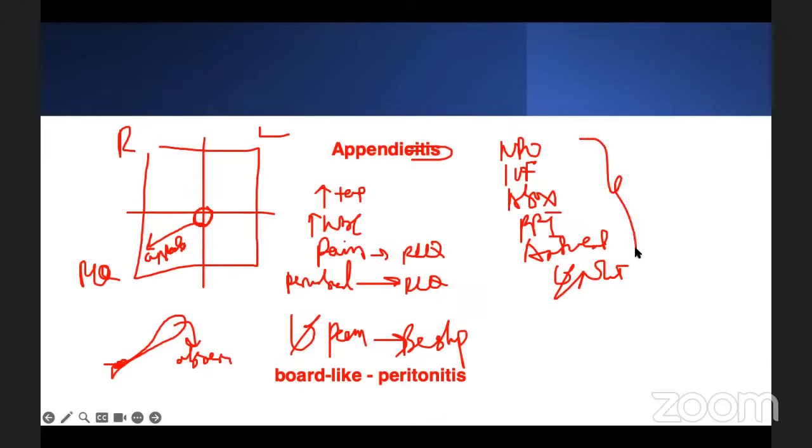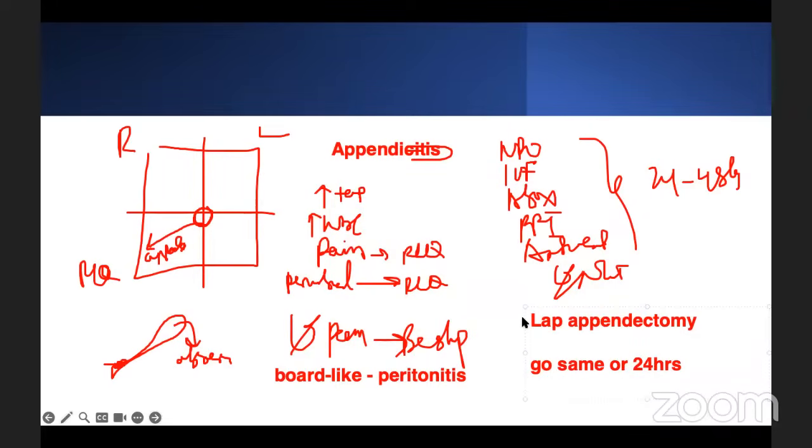Most of the time, they go to surgery in 24 to 48 hours. And the surgery is laparoscopic appendectomy. This is done laparoscopically, so lap appendectomy. Small incisions. They can go home the same day or in 24 hours. And they can take a shower, but no bath for 6 weeks.